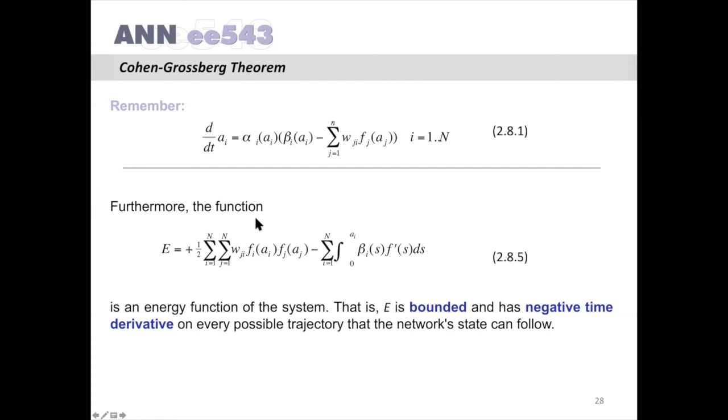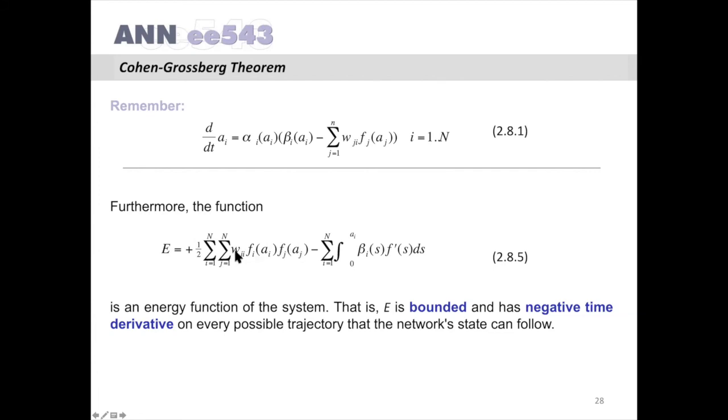Furthermore, the function E, which is equal to 1 over 2 double summation i from 1 to n and j from 1 to n w_ji f_i(a_i) f_j(a_j). This is the value of the output function at a_i and the value of the output function at a_j.